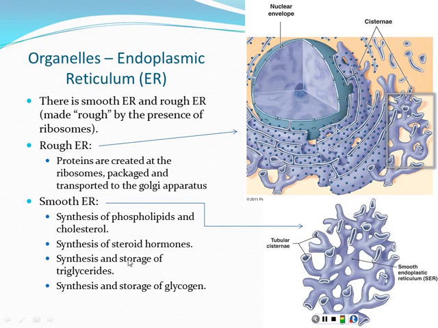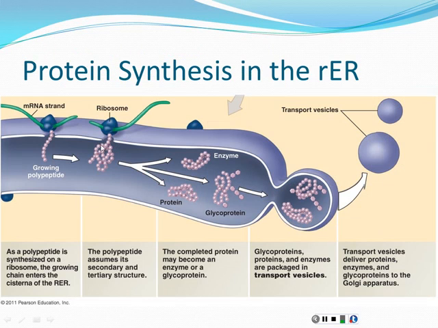We have triglycerides, which we use as our energy storage molecule. You know, it becomes adipose tissue storing energy for later. And then also glycogen, which we talked about a couple days ago. Glycogen being branching chains of glucose molecules, another energy storage molecule. So all of those things are formed inside the smooth endoplasmic reticulum.